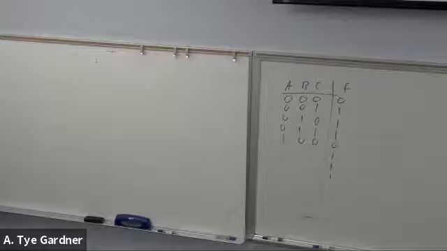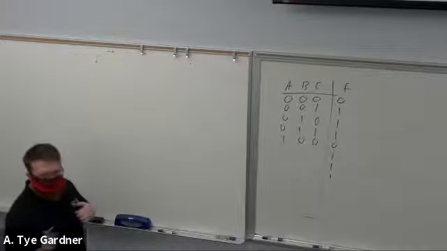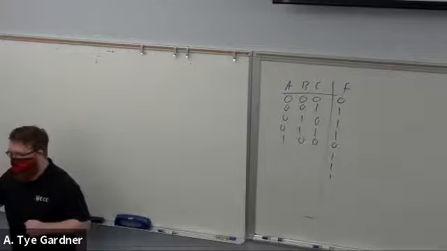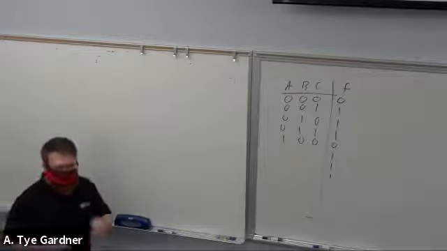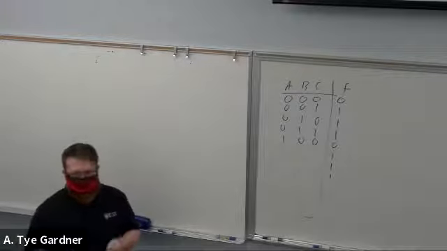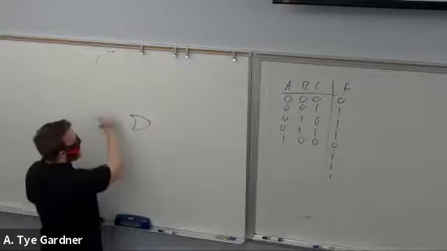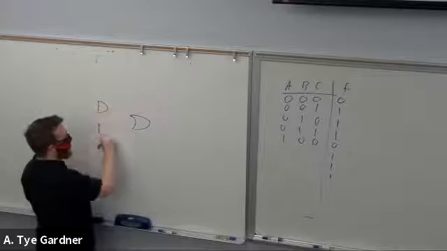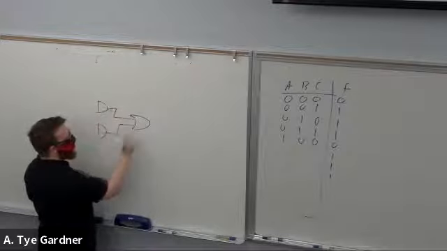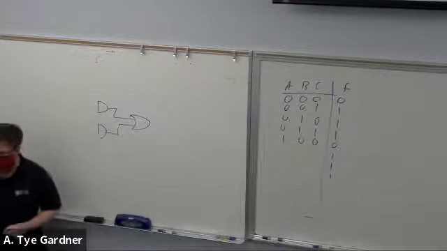Universal gates. If I ask you, please make me a minimum circuit using NAND gates, well, NANDs are easy to make out of this structure, right? If we follow that bubble pushing method.